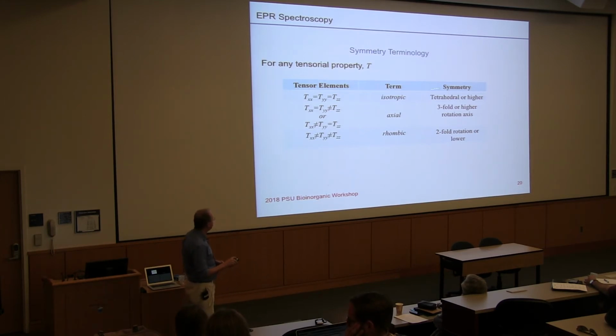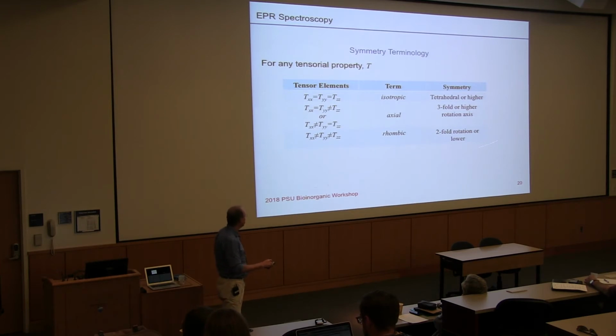But less than tetrahedral symmetry. And there are two cases. We could have XX and YY be the same and Z different, or Y and Z could be the same and X could be different. And then finally, if all three values are different, then we have rhombic symmetry of the tensor, and the molecular symmetry would be then, its highest symmetry operation would be a twofold rotation axis.